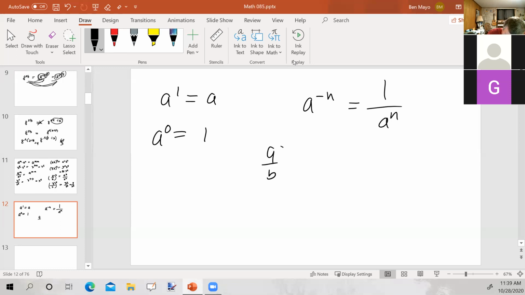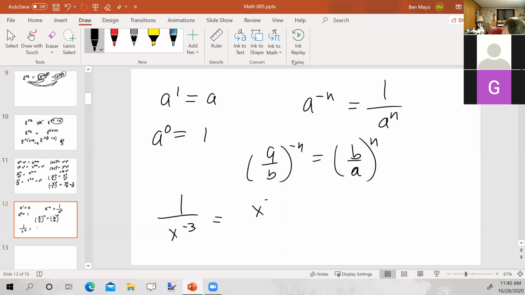If you have a fraction raised to a negative exponent, that's the reciprocal, raised to a positive exponent. If you have 1 over a base to a negative exponent, you can move that to the top and make the exponent positive. Okay. I think I reviewed all the rules.